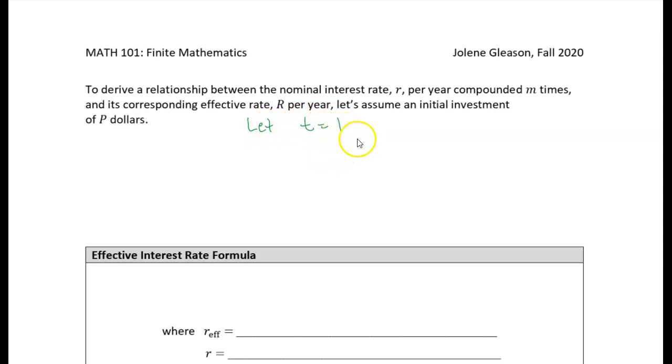Okay, so it's just going to be 1 year. All right, and let's look at our simple interest formula. Our simple interest is this formula. The formula is A equals P times 1 plus the rate times the time.